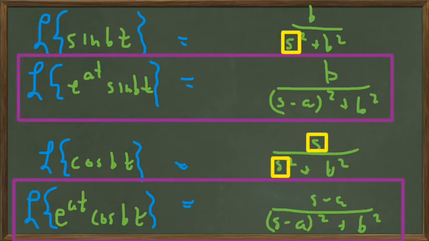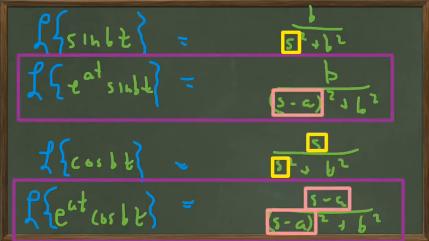So we've highlighted where s was in the original transforms. It's in one spot in the sine of bt, and in these two spots in the cosine of bt, and then the s goes to s minus a in this case, and both these s's go to s minus a in this case.